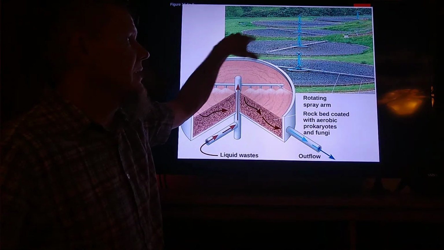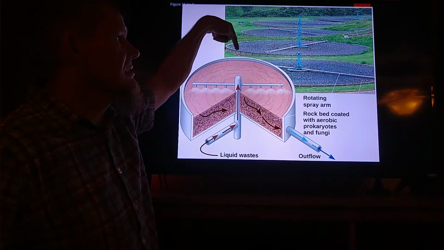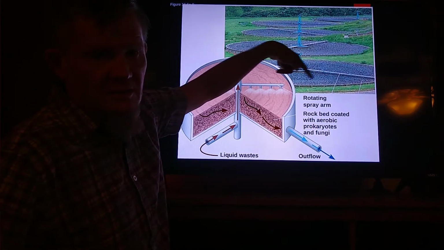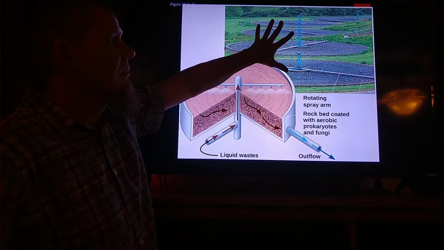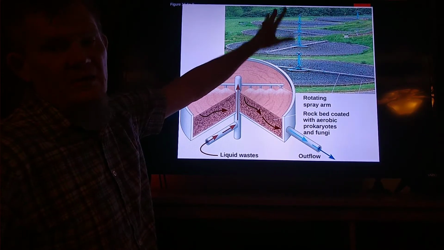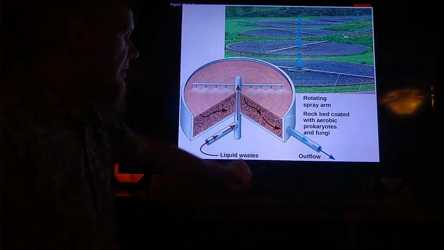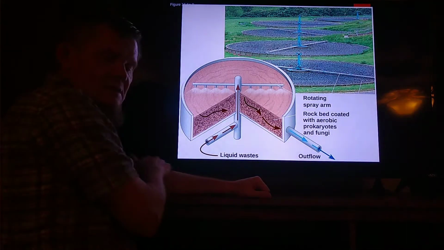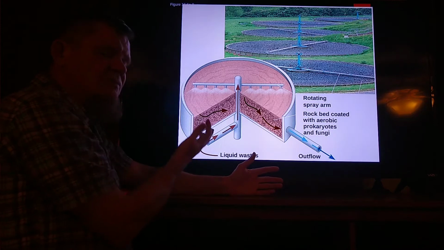You ever driven past one of these things, these big circular bins that are all full of rocks, and there's these little sprinklers that circle around dripping water on it? Well, the rocks are just a substrate to give the bacteria something to attach to. If we look at how it works, what's being sprayed over the rocks is not exactly raw sewage, but essentially raw sewage.